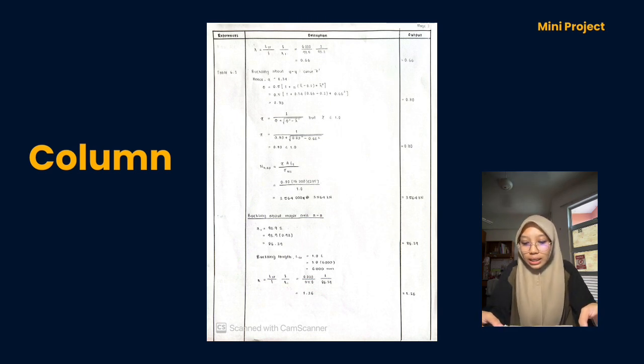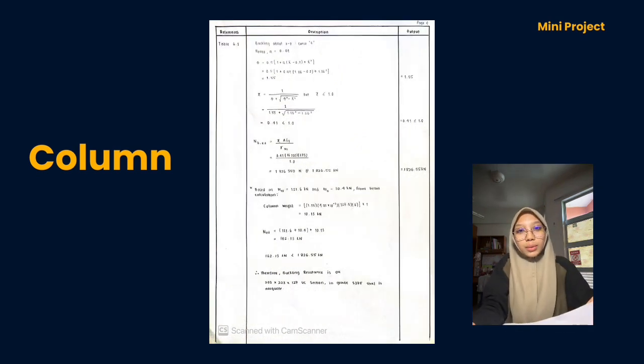For buckling about major axis ZZ, our lambda 1 is equal to 86.39. For buckling length is 6,000 mm and lambda equal LCR over i, 1 over lambda 1 is 1.26.